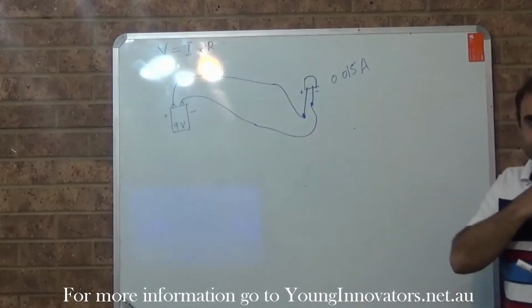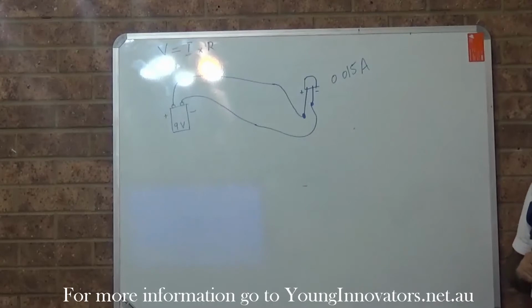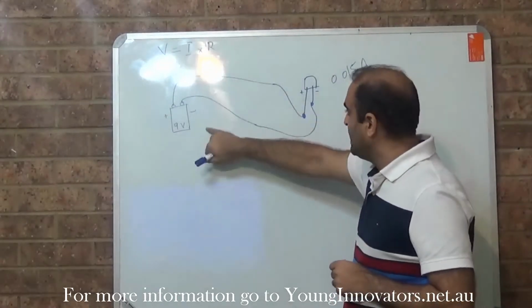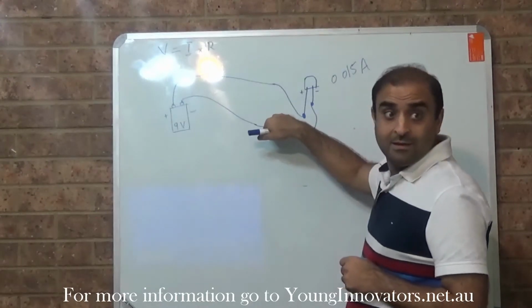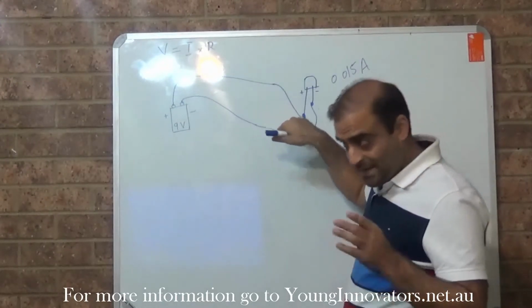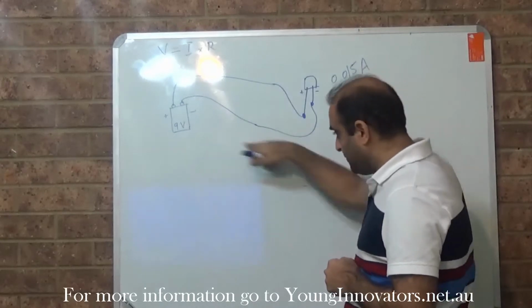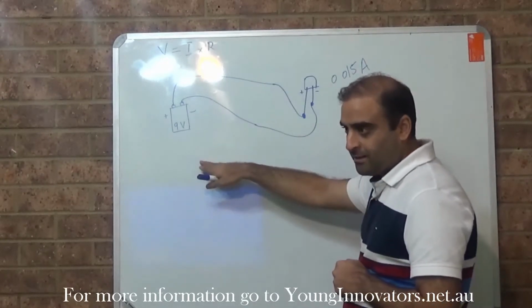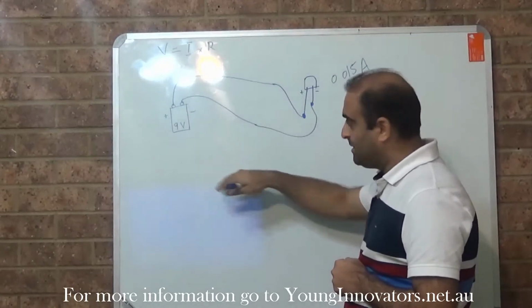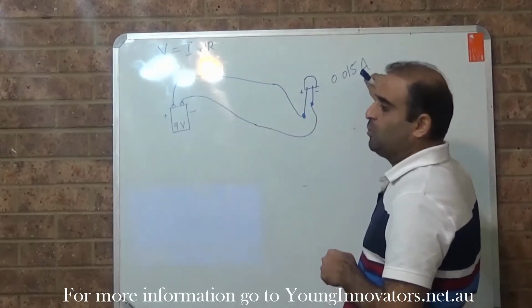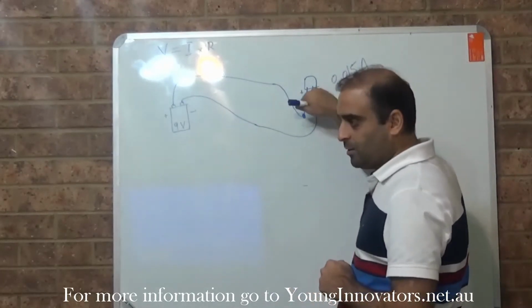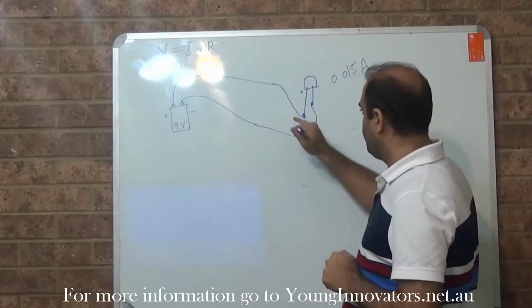What are we missing? The resistance. If there is no resistance and we connect this together, what will happen? The bulb will blow. That's right. You remember we studied the flow of water? This bulb is like a small ball without a brick, a very small ball, 0.015, thousandths of an amp. So it will just blow away if we don't put in a resistance.